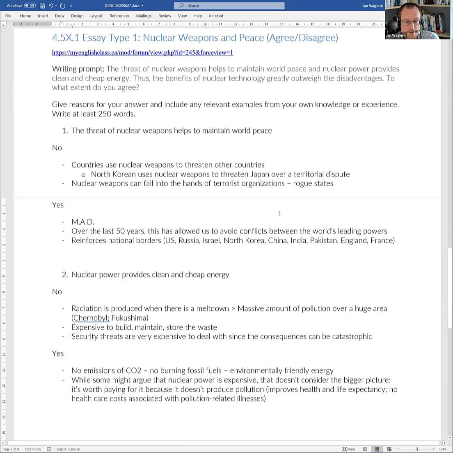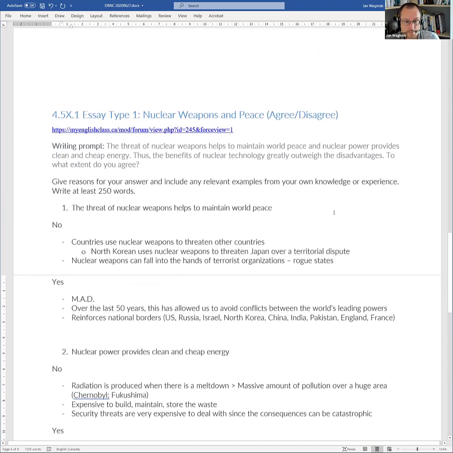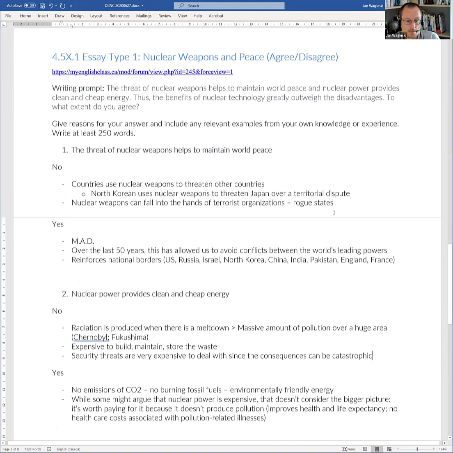So why don't we do a bit of writing together? You're not going to mix and match these. You're not going to say no for one side and yes for the other. You've got to pick two no's or two yeses. I don't want to say don't ever do this.